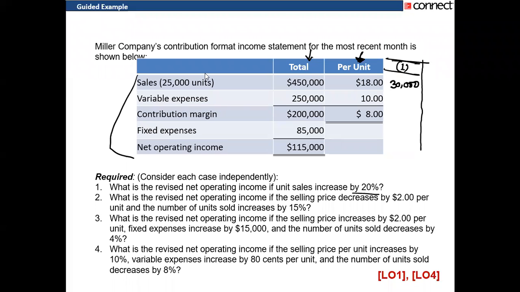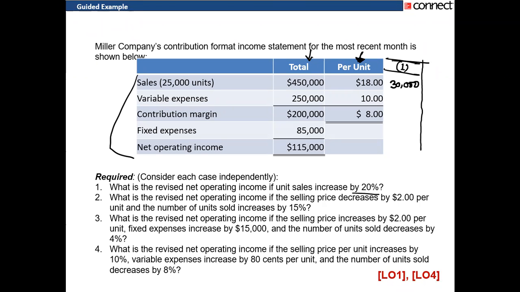How much? Is it 21.6%? 10 over 18? I believe the number should be bigger, as it is 55.56%. Okay, you have got a number in your calculator which starts with 55.5 something.